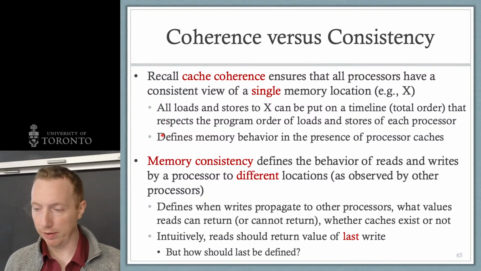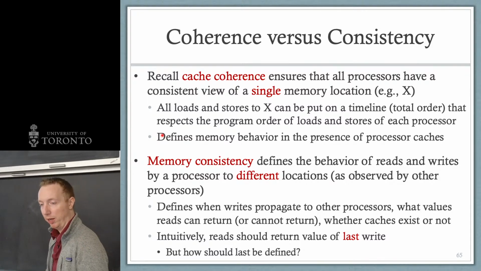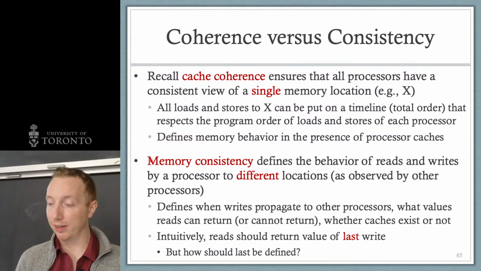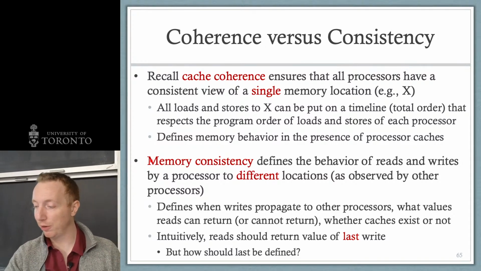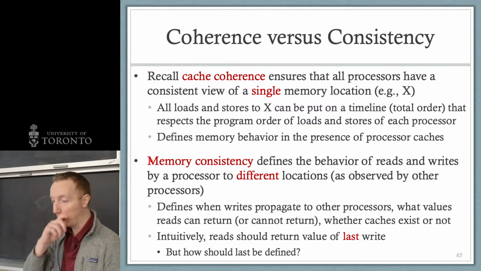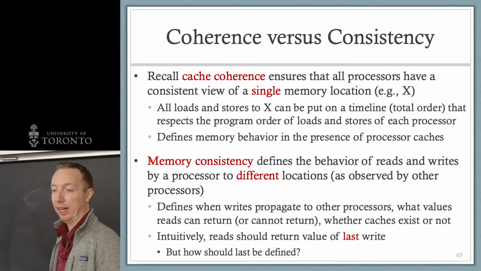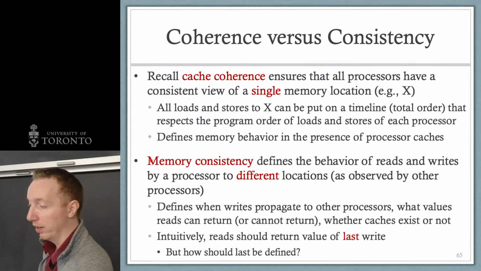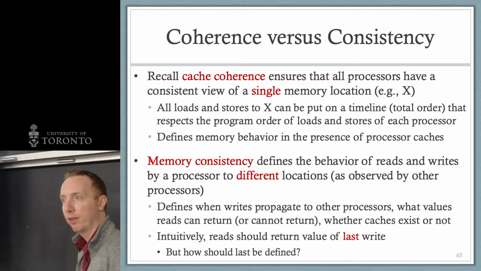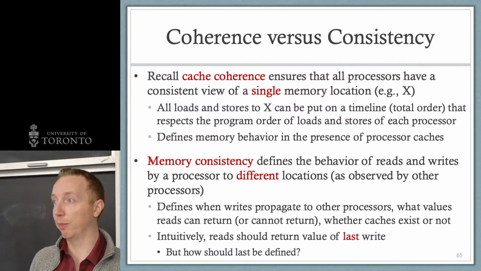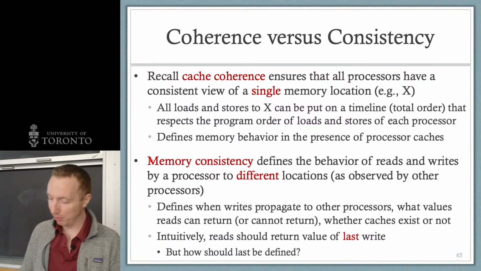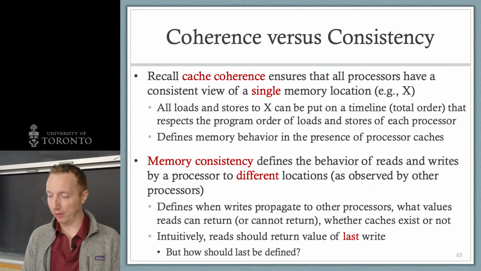This defines the memory behavior in the presence of all the caches, while consistency defines the behavior of reads and writes by a processor to different memory locations as observed by another one. So whether or not memory accesses or modifications are observable on another processor in the same order is a slightly different problem that really complicates things.